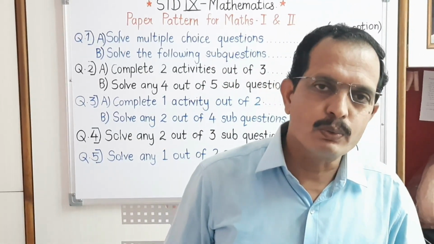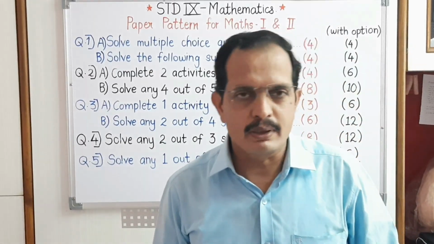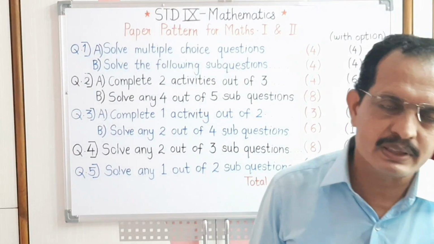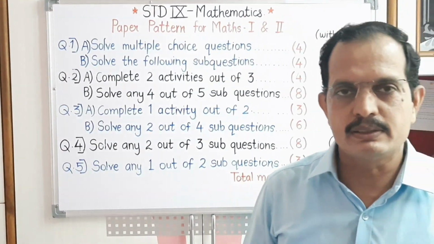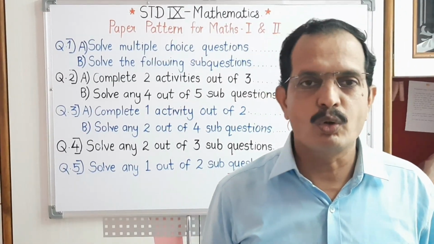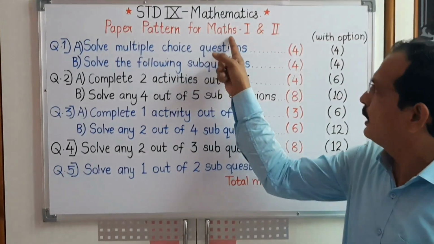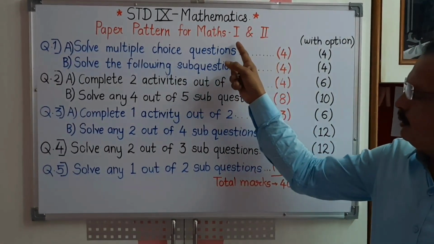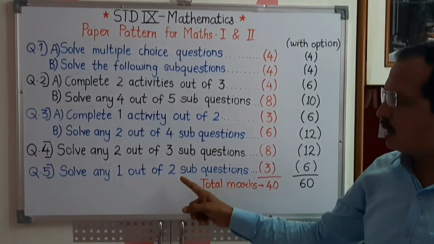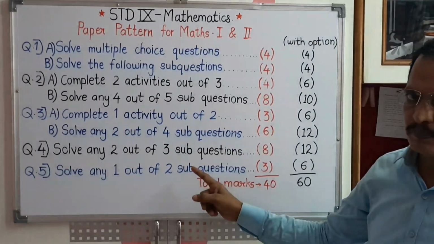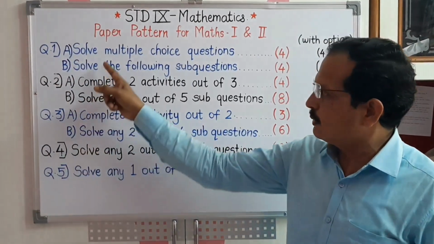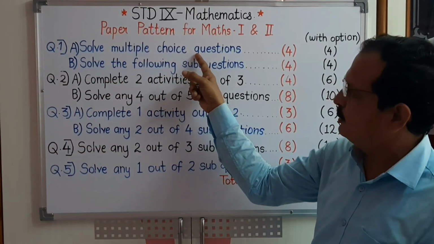Now we have to learn the paper pattern. That paper pattern is the same for first term exam and second term exam, and it is the same for Maths 1 as well as for Maths 2. In that paper, there are a total of 5 questions, and we have to see question number 1A.